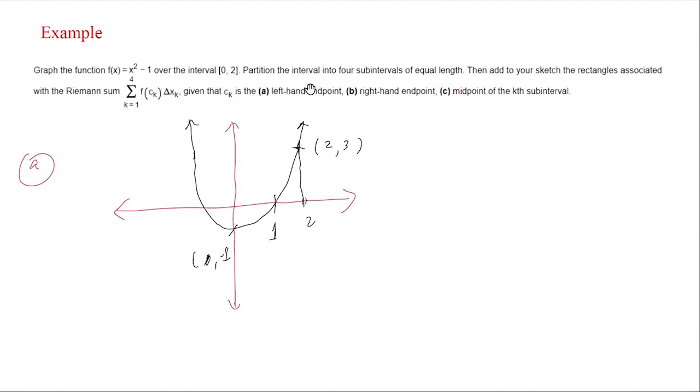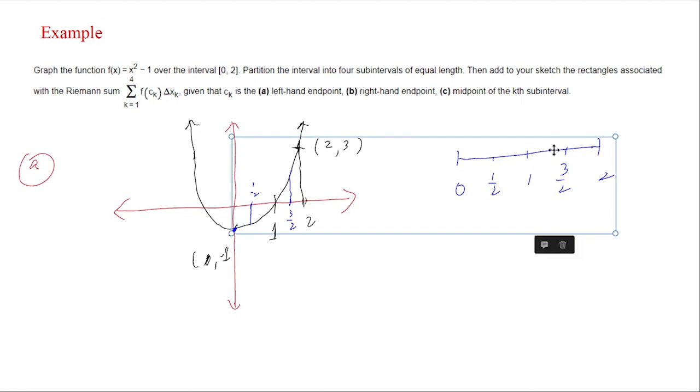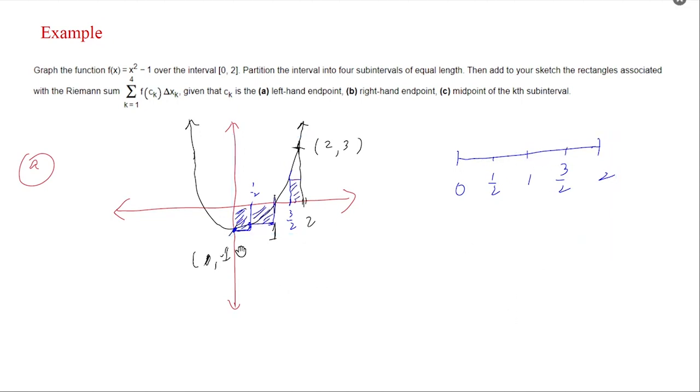For the left endpoints, let's say we're dividing this interval 0 to 2 into 4 subintervals. Since we are using the left endpoint on each subinterval, to draw the rectangles we are using 0, half, 1 and 3 over 2. These are the left endpoints. If you use 0, you are trying to create a rectangle of this height, and that will give us this rectangle.